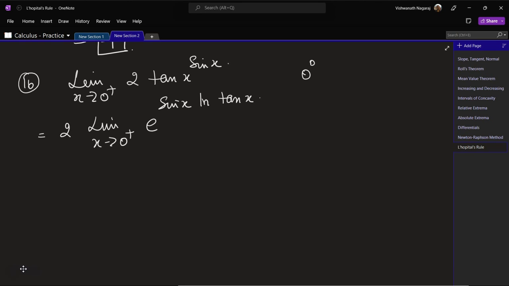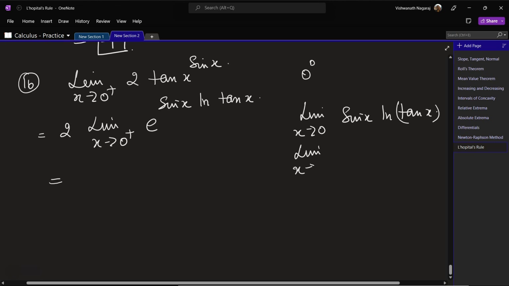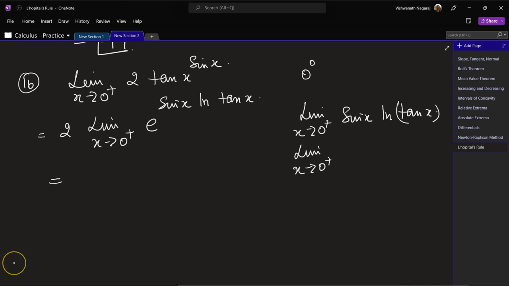Okay. Now we can see e is a constant. So we just have to figure out the limit as x approaches 0 of sine x natural log of tan x. That's what we have to figure out. Okay, so let's figure that out. Just like before, we will approach from the positive side, and we will send the sine x to the bottom. So natural log of tan x by 1 by sine x.